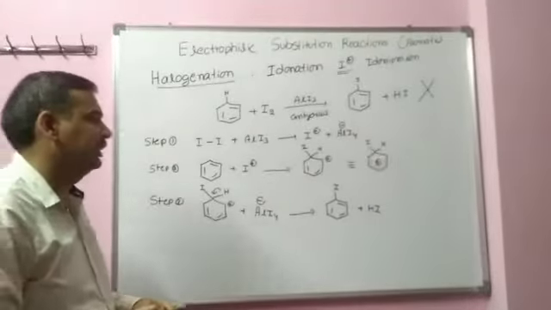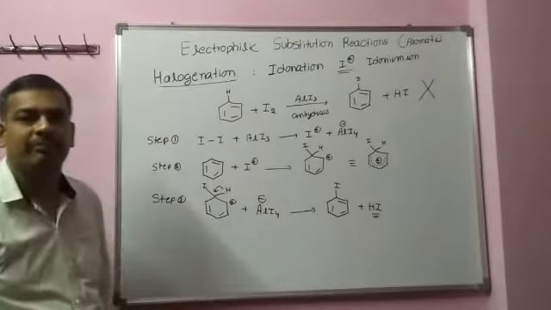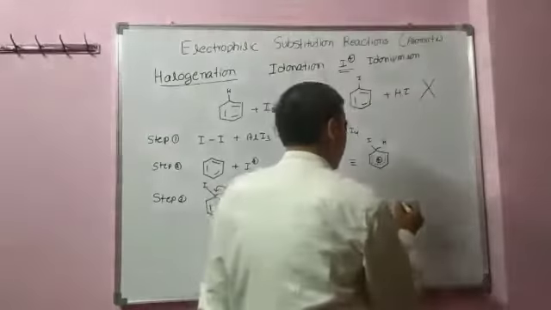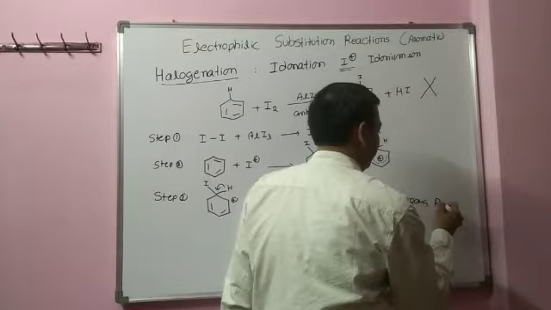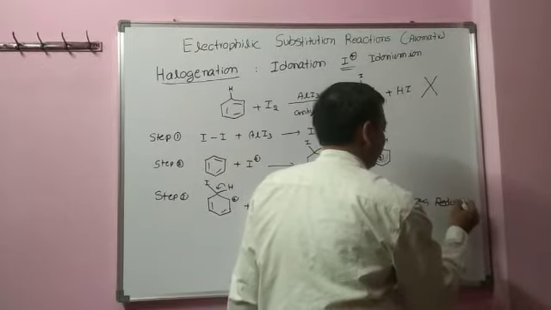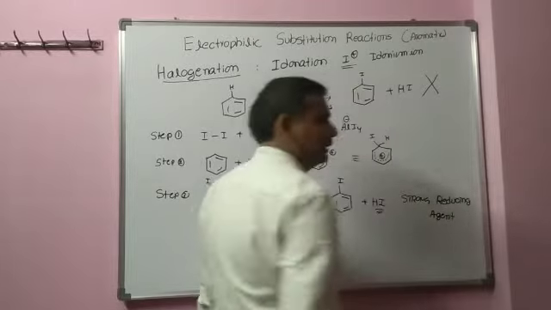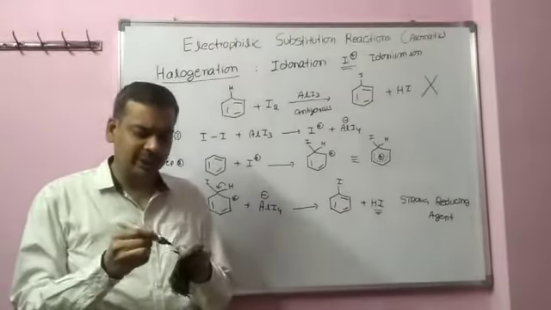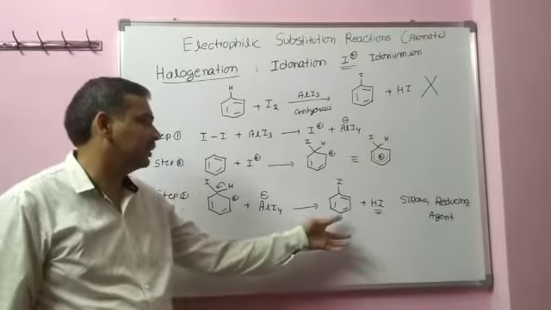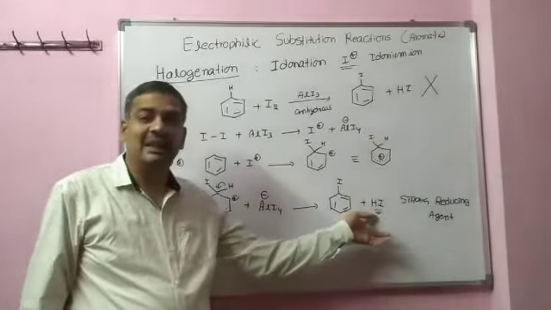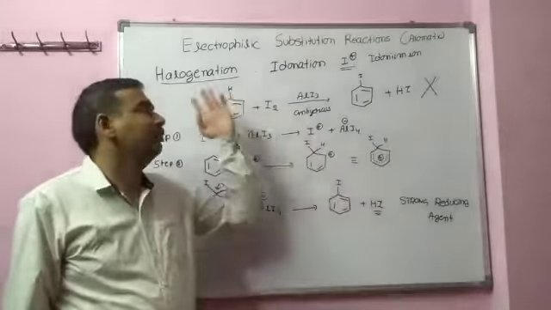Why? In the third step, HI is formed as a side product. HI is a strong reducing agent, meaning it reduces the other compound. As soon as HI is formed in the reaction, it reduces iodobenzene back to benzene.